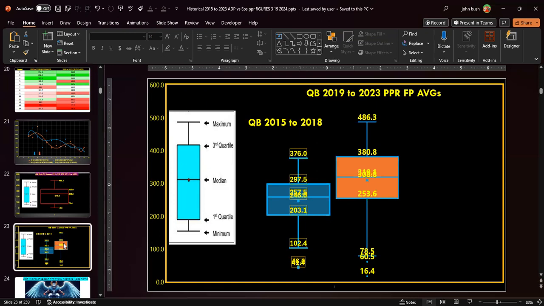Folks, if you could see this, you would see something happened in 2019. And look at the top whisker, 486 points. In 2015 to 18, the highest was 376. We're talking 110 points different in the extreme. We haven't ever seen that.